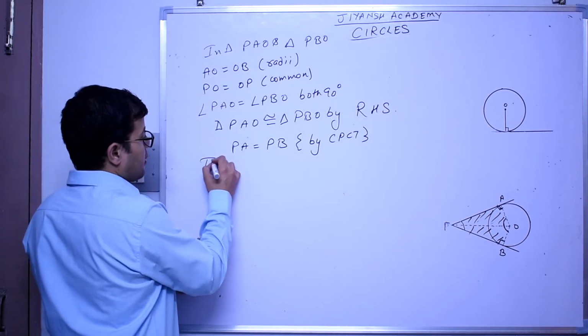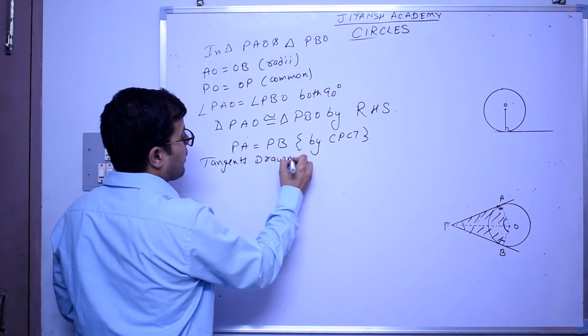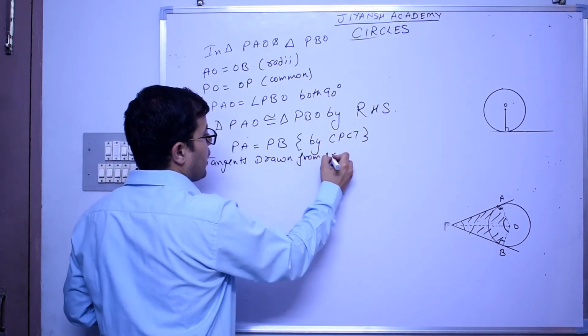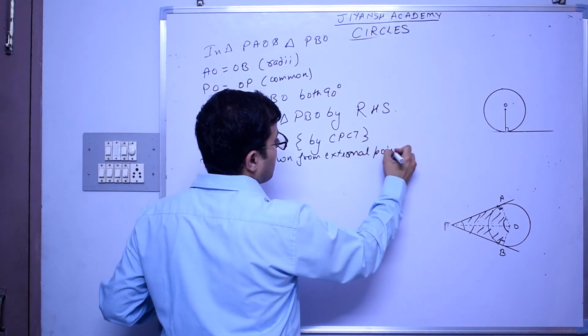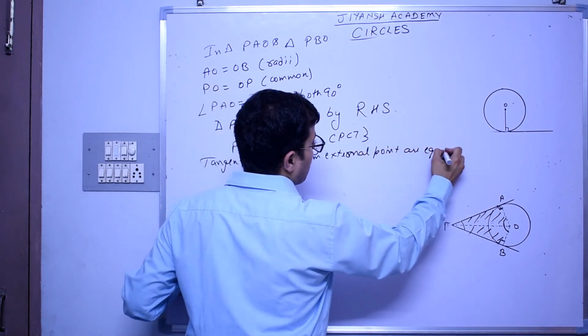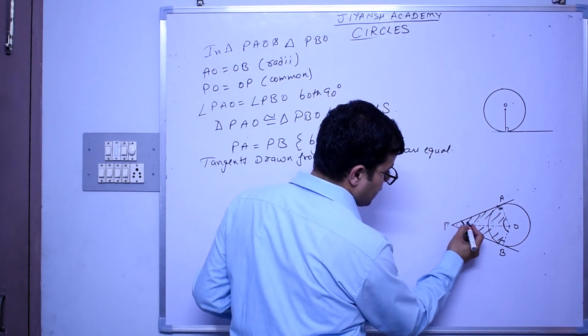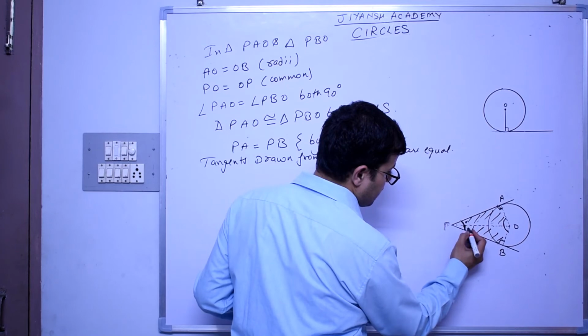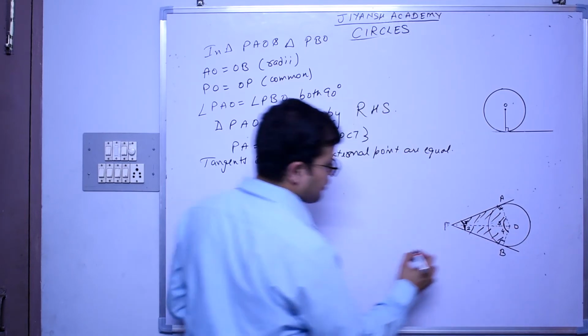So tangents drawn from an external point are equal. Hence you can also write that this angle will be equal to this angle because it lies in this triangle. This is angle 1, this is angle 2, this is angle 3, and this is angle 4.